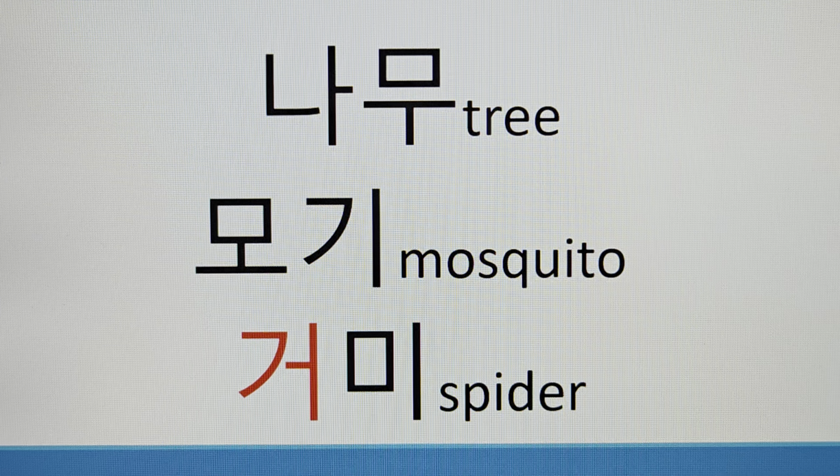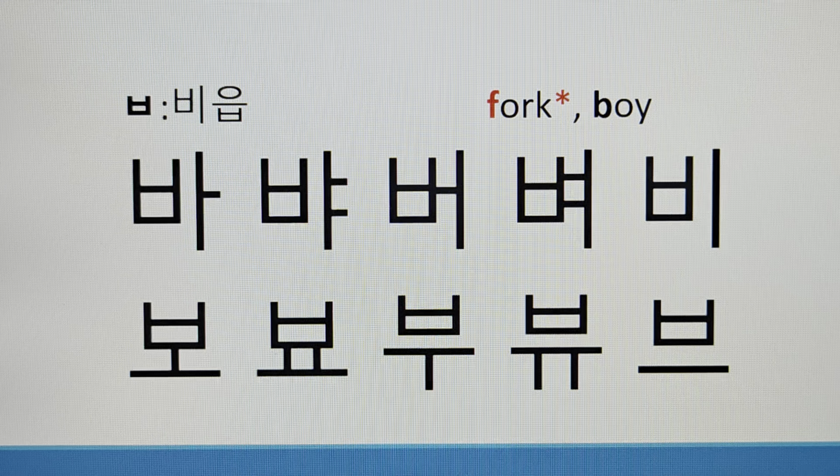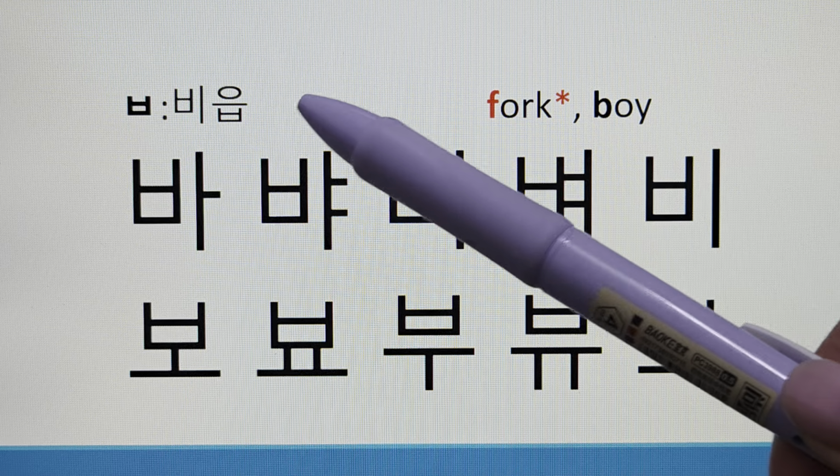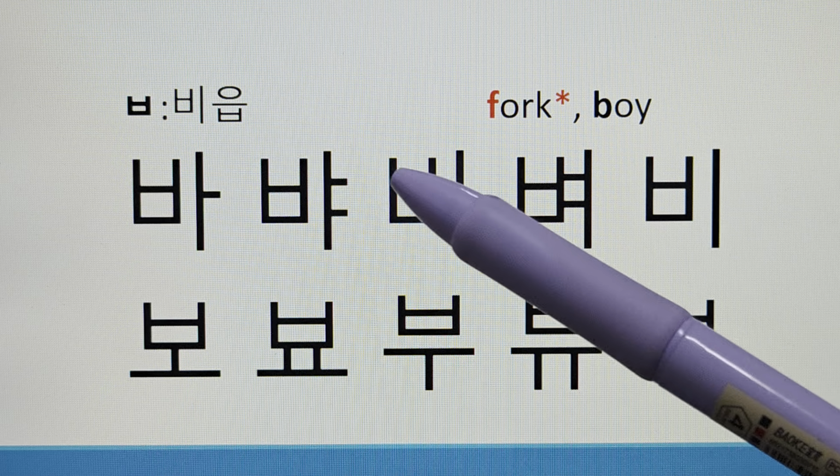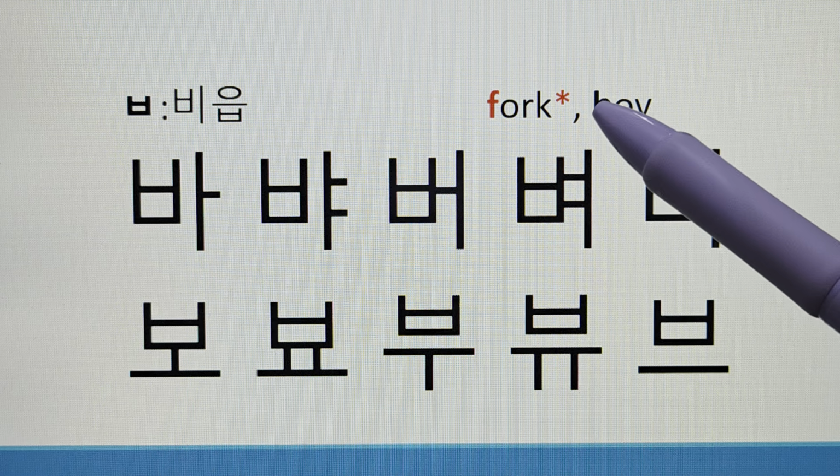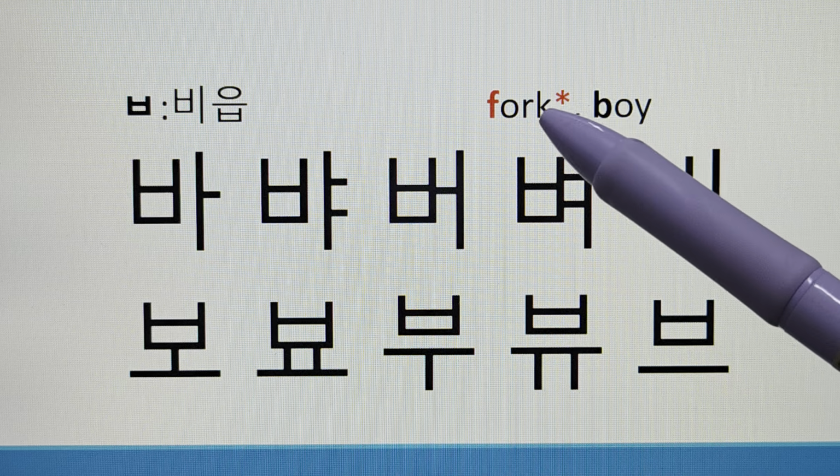Now let's learn the next consonant. This one is 피읍, 피읍. You can see red star here too. This means peep.